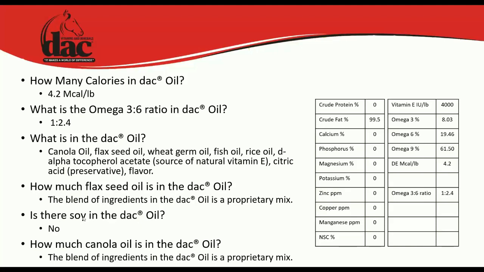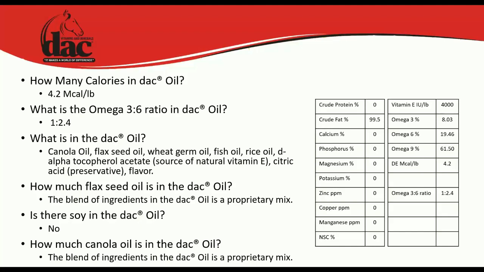Is there soy in the DAC oil? Well, if you read the ingredients list and you don't see soy, then no, there's no soy in the DAC oil. There used to be, a long time ago, corn oil and soy oil, but we made the switch to a canola oil base because it had a much better omega-3 to 6 fatty acid ratio.